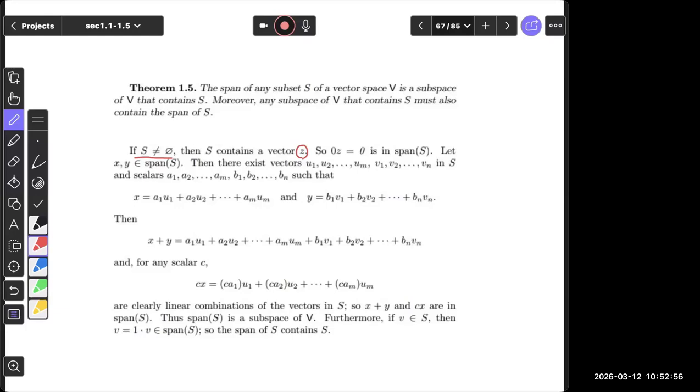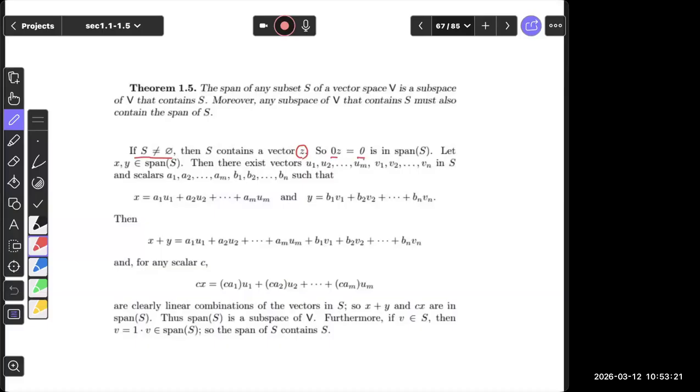When I consider the span, I'm considering all the possible linear combinations of z. So when I multiply any number by z, that scalar multiple must be included in the span. When I multiply by 0, you obtain the 0 vector, so the span must include this 0 vector.